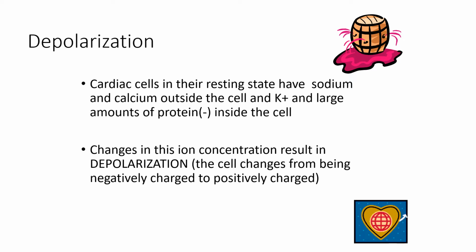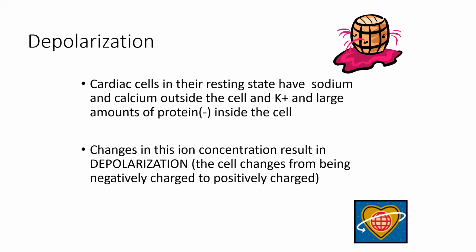So during the impulse for the cardiac cells to depolarize, what's actually happening is the ions along the cell wall membrane have channels. These channels are triggered by the impulse to open, and sodium and calcium will go into the cell, making the inside of the cell positively charged.